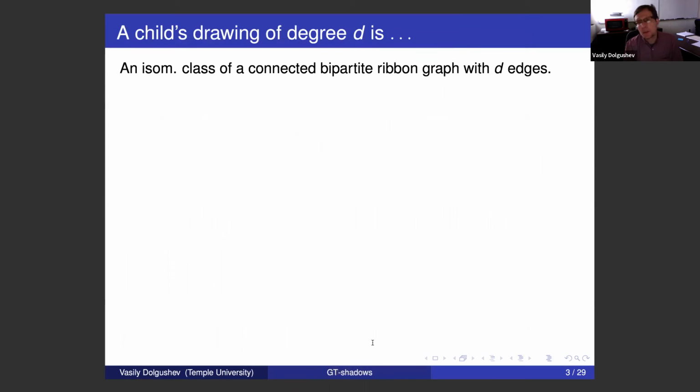So this slide actually contains a lot of information. I'm basically showing you various incarnations of what is called a child's drawing of degree D. On the one hand, a child's drawing of degree D is an isomorphism class of a connected bipartite ribbon graph with D edges.